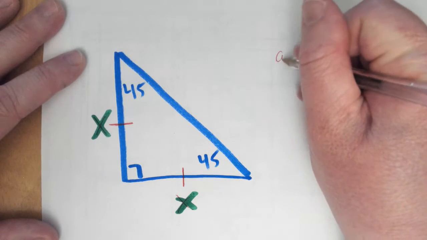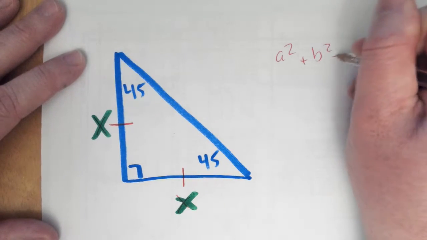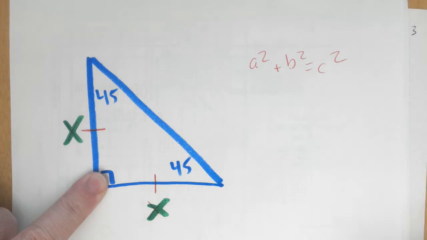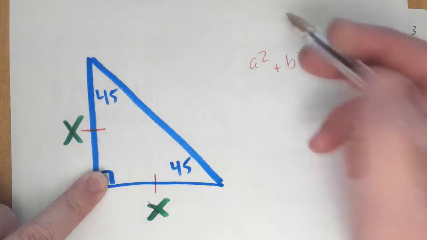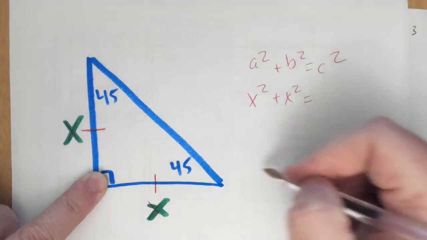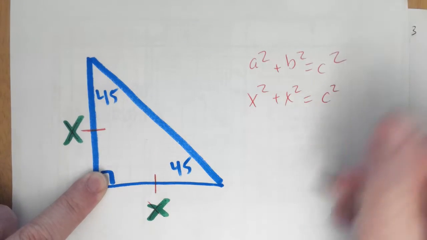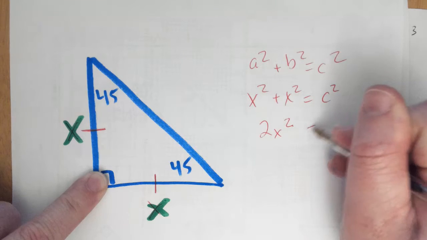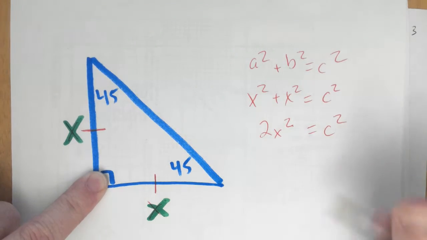Well, we have a squared plus b squared equals c squared. If you put your finger on the right angle, the two sides you're touching are a and b. So this is x squared plus x squared equals the side that we're missing. Let's leave that as c squared. x squared plus x squared is 2x squared, which is equal to c squared.